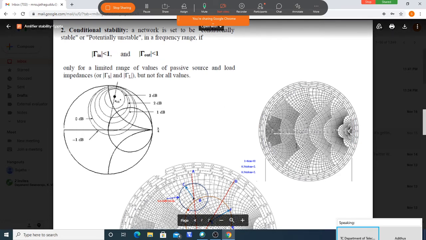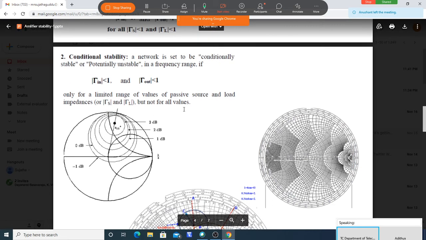You cannot choose values here, because they may give Γin and Γout greater than 1. But if you take any value here, it may be lesser than 1. So you can choose any value over here. That is called a condition. If you take only over this, but not these values, that is a condition.